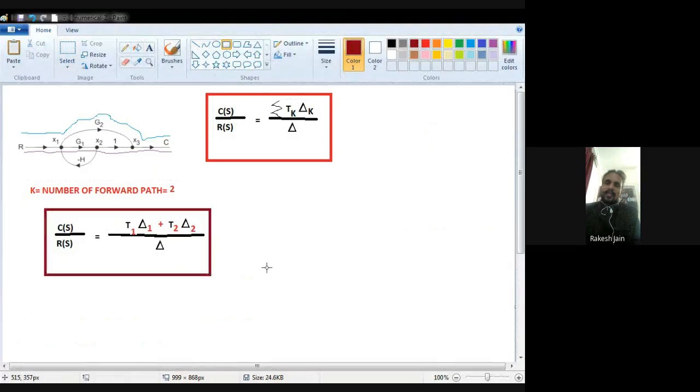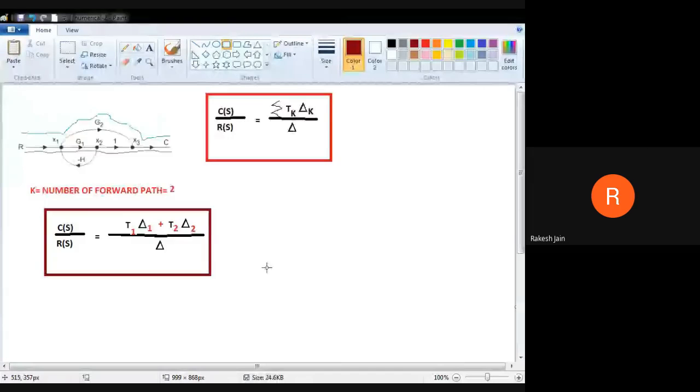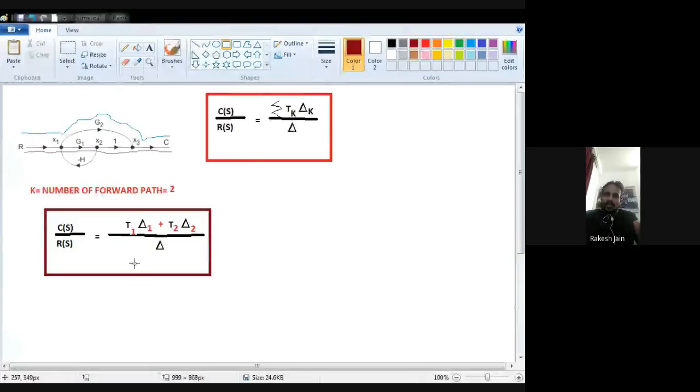So T1 del 1 plus T2 del 2 upon del. Now I have to find out the T1 value, T2 value, del 1 value, del 2 value, and del value. I have already found that there are two forward paths, so I only have to find out the remaining things.